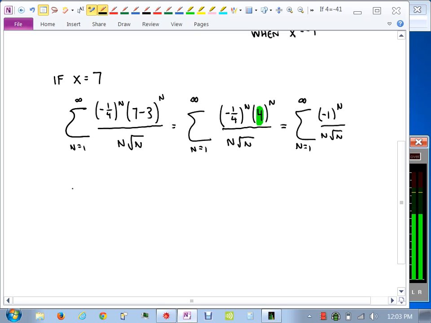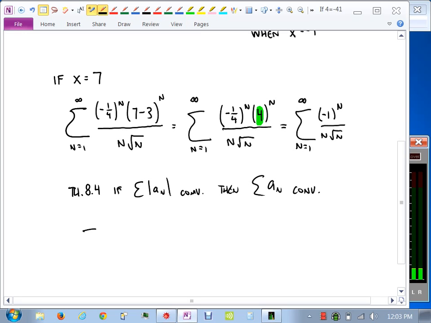But I think Theorem 8.4 is even better. Theorem 8.4 says if the absolute value converges, then that converges, right? And we already know what happens to the absolute value of that, don't we?